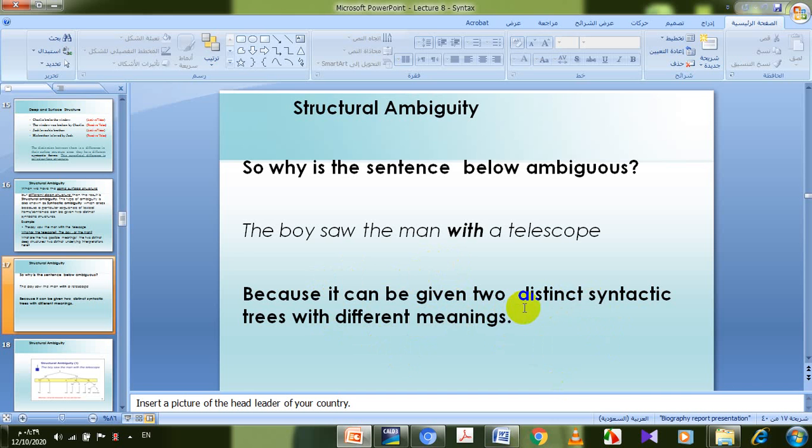The syntactic tree can make it clearer. If we make a syntactic tree for this sentence, we can have two distinct syntactic trees with different meanings. I have just been talking about the different meanings. Let's see the different syntactic trees.